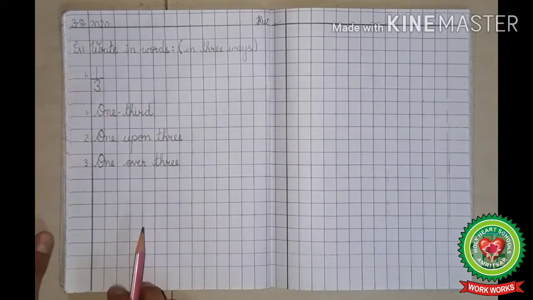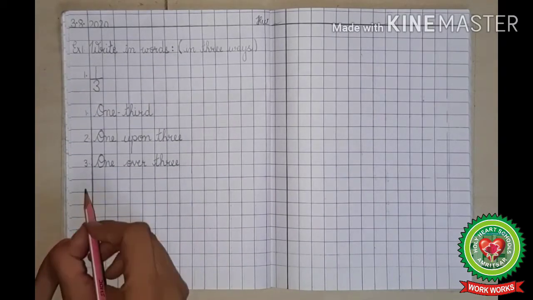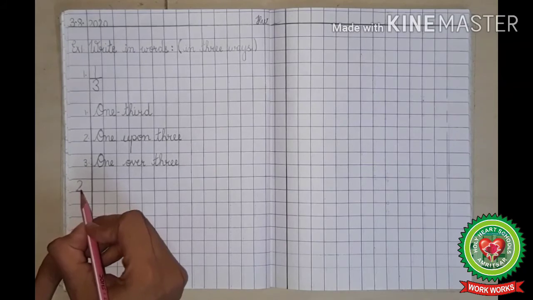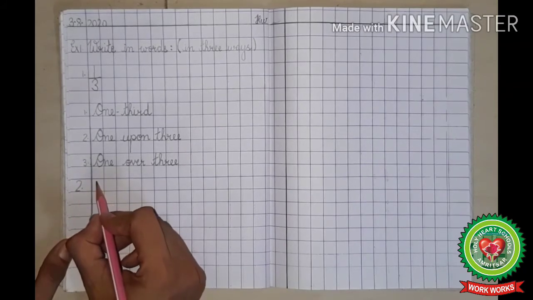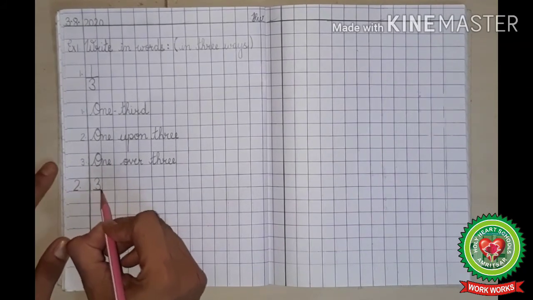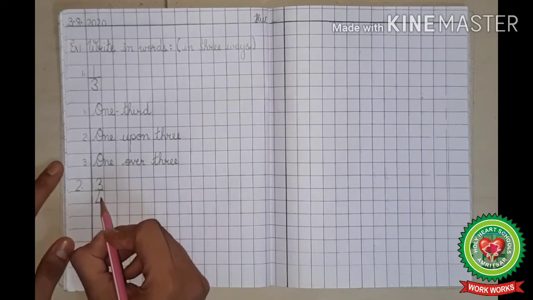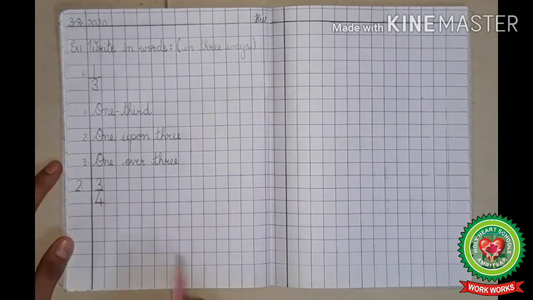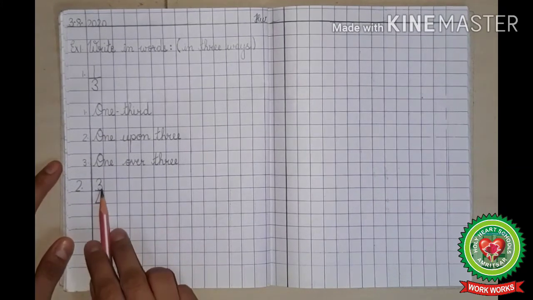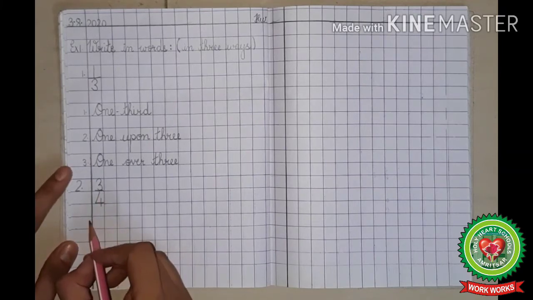Yes. Now let us suppose one more example is 3 upon 4. Now the numerator is 3 and the denominator is 4. The numerator is more than 1, so we can add s to it. How will you write?